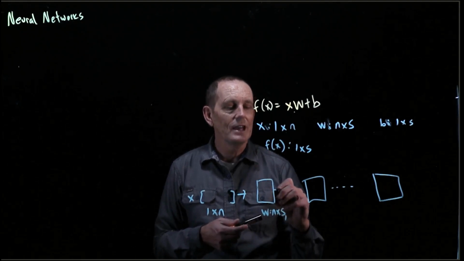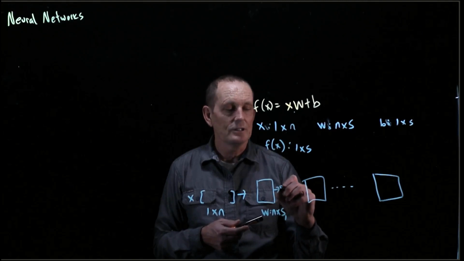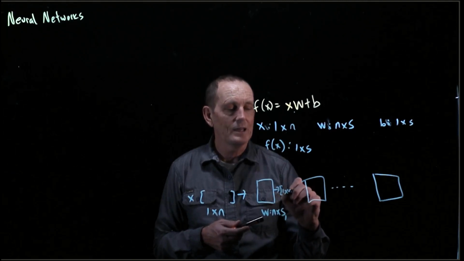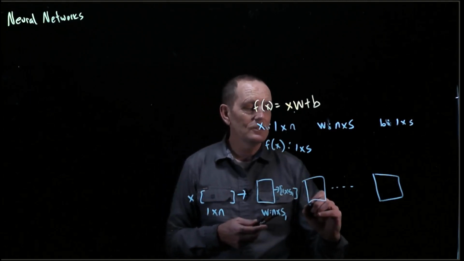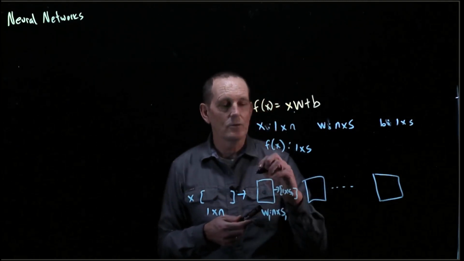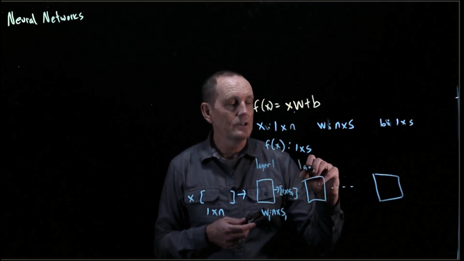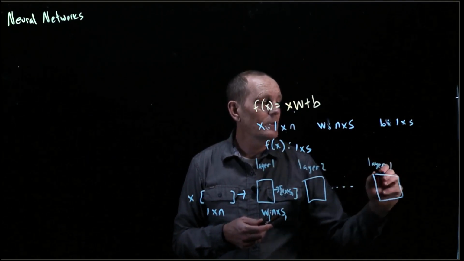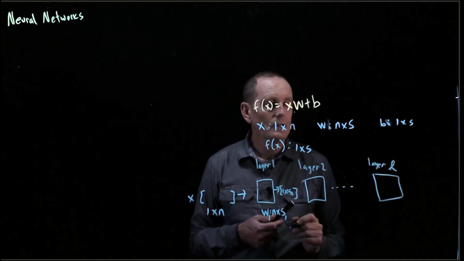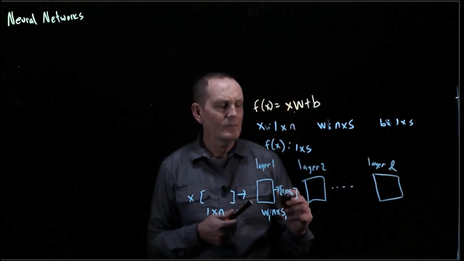So we have S1 outputs here, so this is a 1 by S1. And then we can choose a different weight matrix here. So let's call this layer 1, and this layer 2, and this all the way to layer L for the number of layers. I'll use a cursive L there.